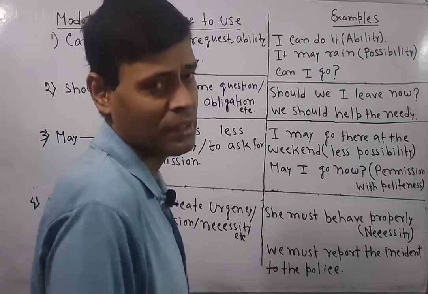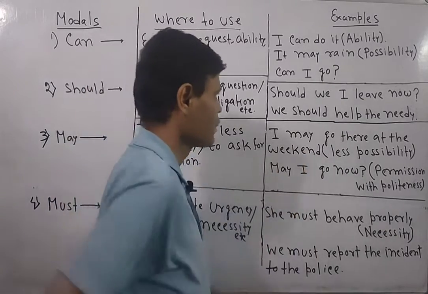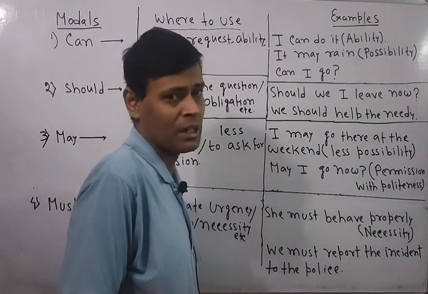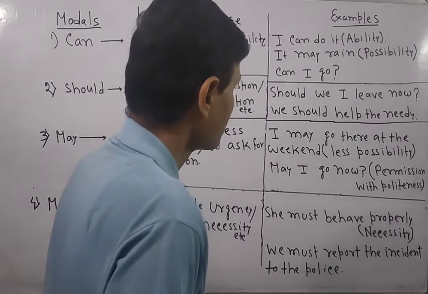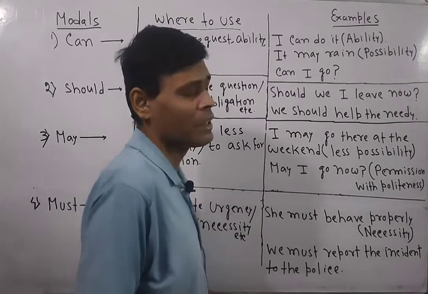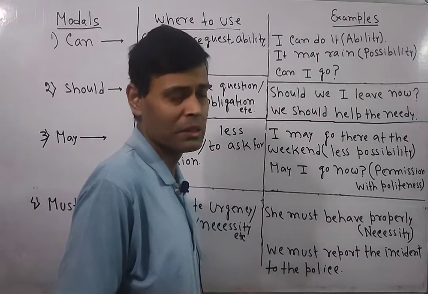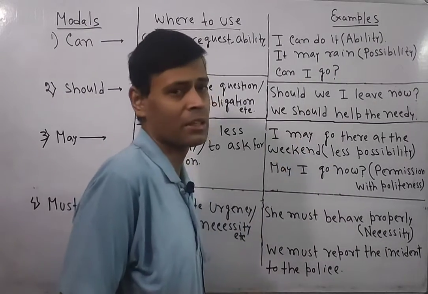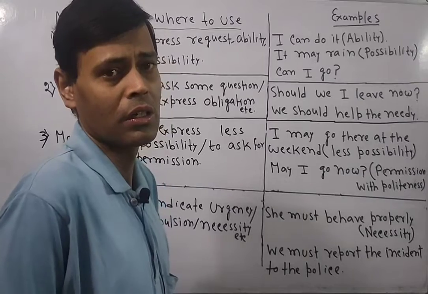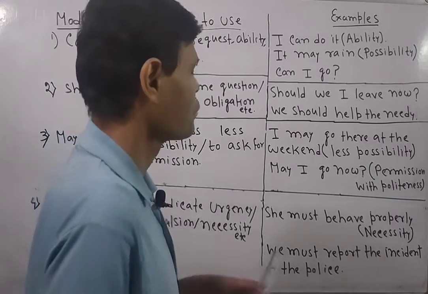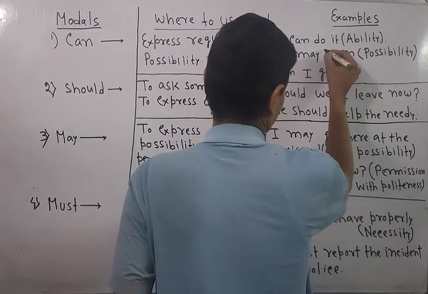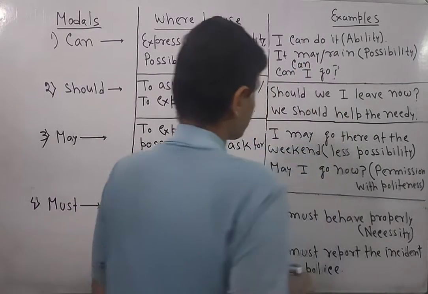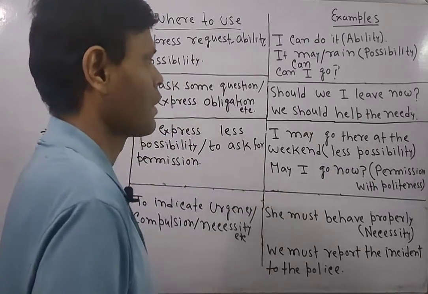But the main difference is that if I write may rain, it indicates less possibility. On the other hand, if I write can here, it indicates more possibility. So here, instead of may, we can easily write can.